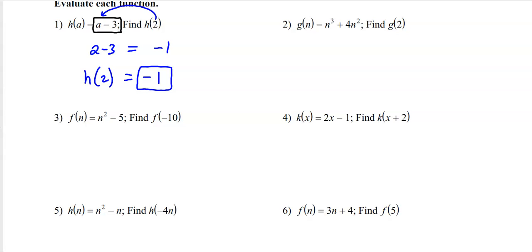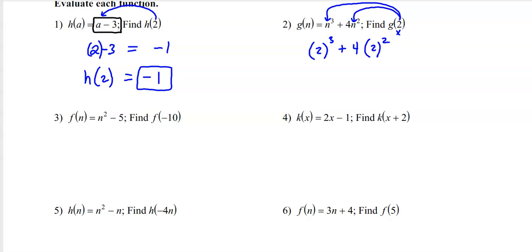Next one, looks like we got some powers. So our input, our x, right here is 2. Not only do I have to put it in here, but I have to put it in here. So I'm going to do my parentheses, which I probably should have done over here, but it's not as big a deal when there's no powers going on. So 2 to the third power plus 4 times 2 squared.